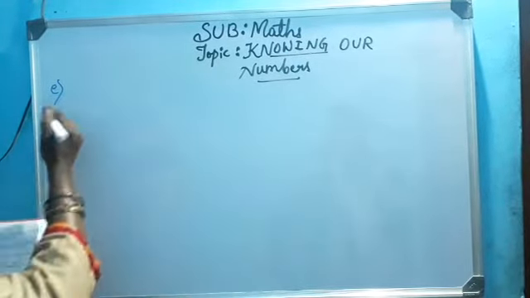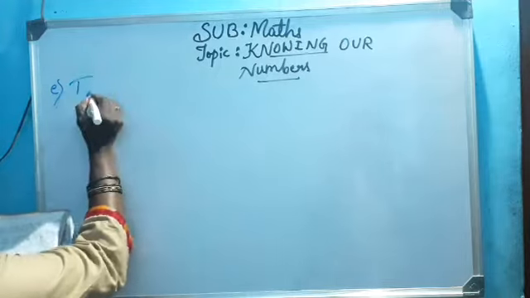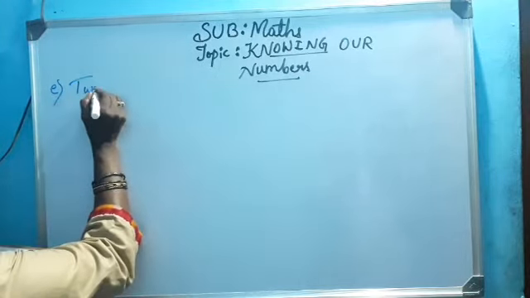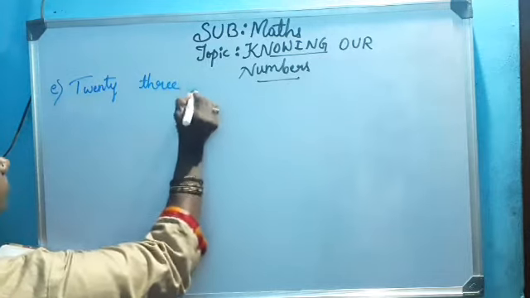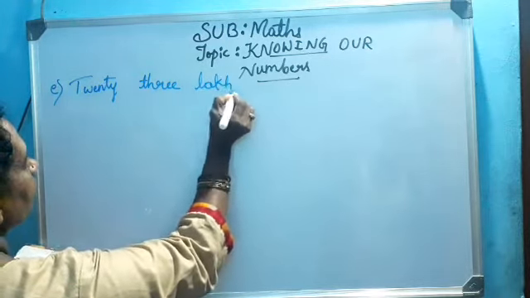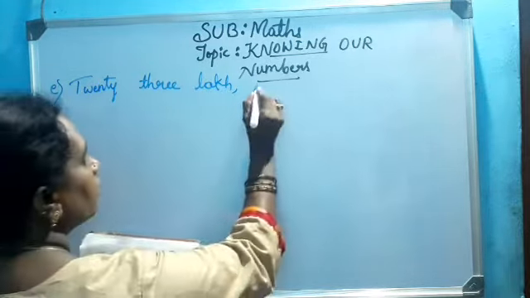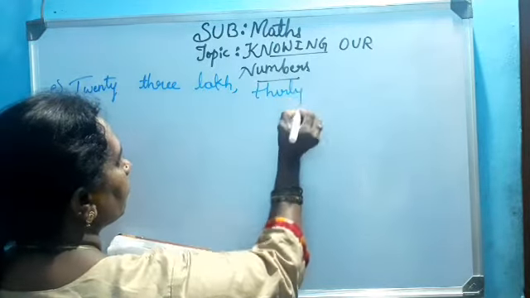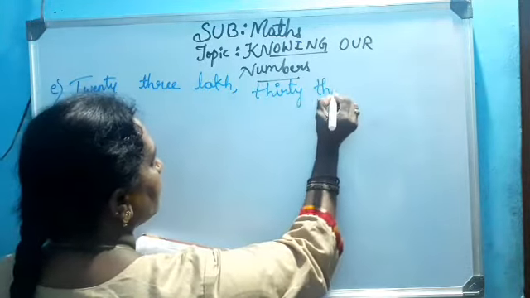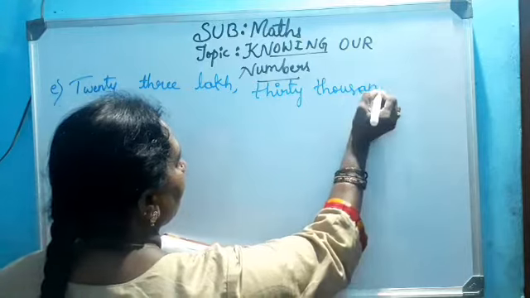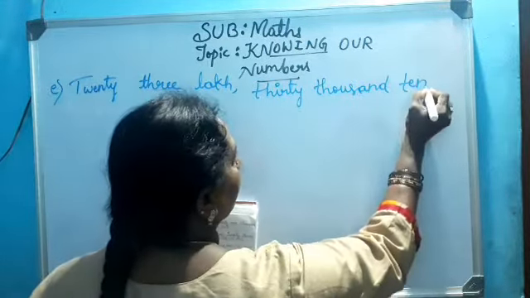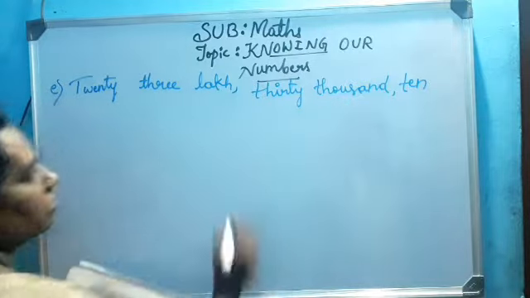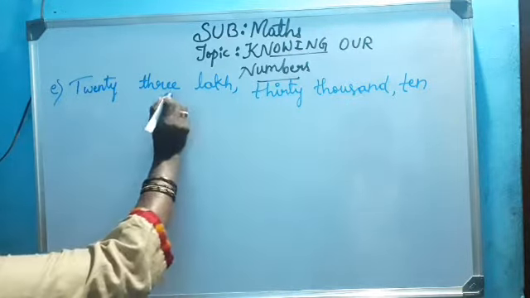The next question: 23 lakh, 30,000, 10. See, 23 lakh.